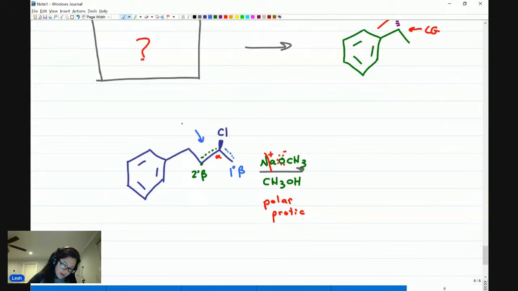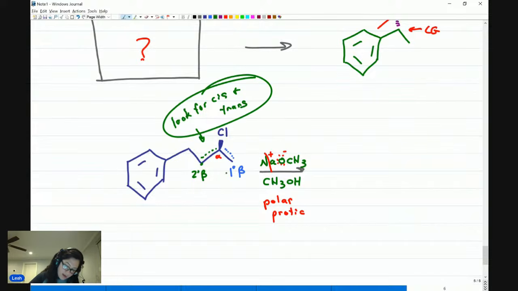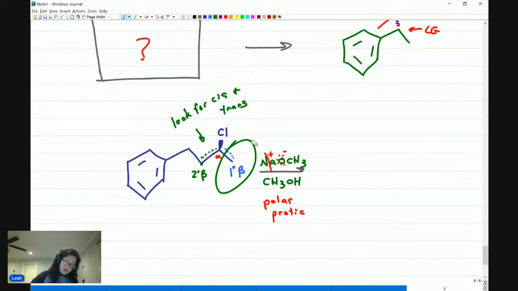Anytime it's secondary, you want to look for cis and trans. So the moment you see secondary, look for cis and trans. That gives us 2 products. That right there is a 3rd product. And if you want to know which one would be the most substituted, the trick is very simple.